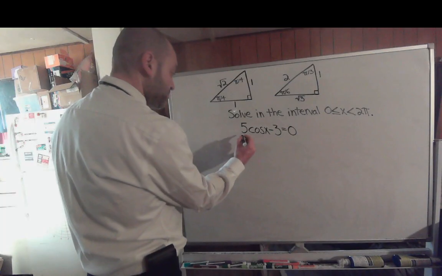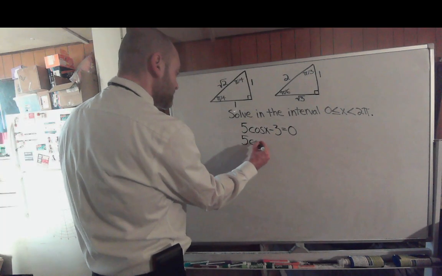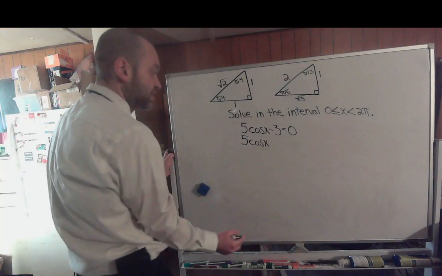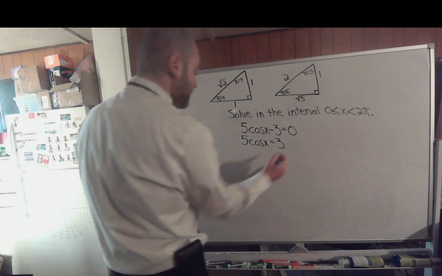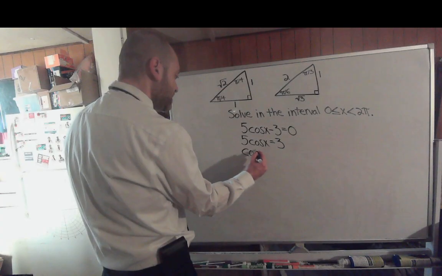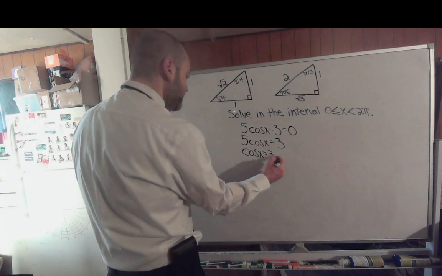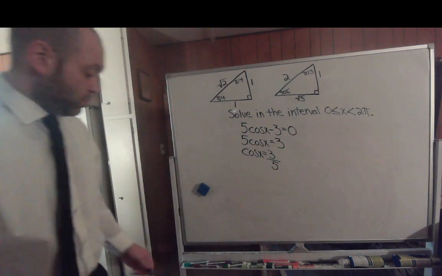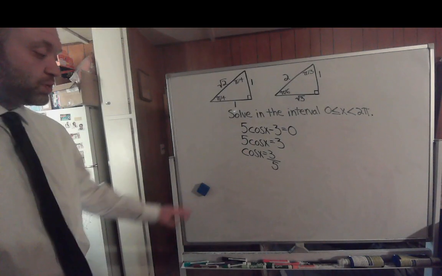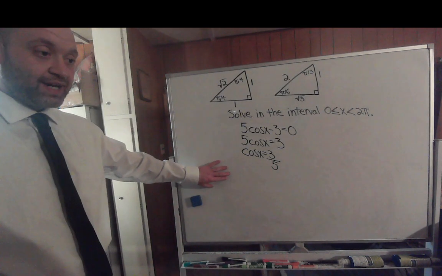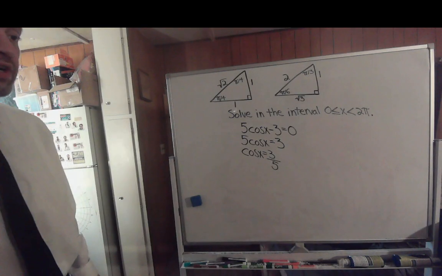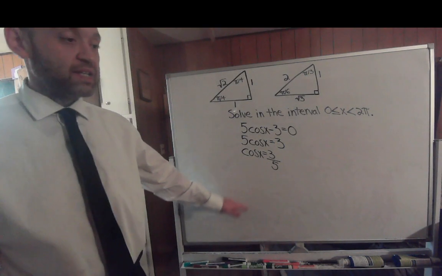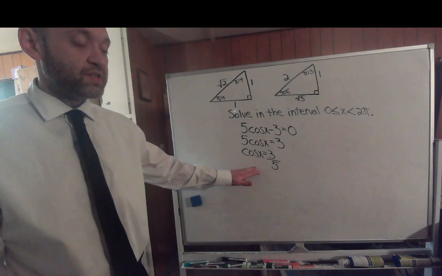Well, this would simplify into 5 times the cosine of x equals 3. The cosine of x would equal 3/5. Well, we're going to have to do a little bit of inverse trig. We want to figure out where you get a cosine of x that is positive 3/5.